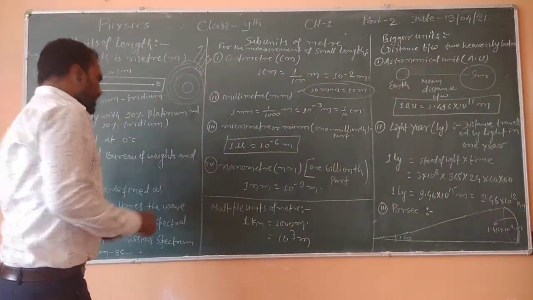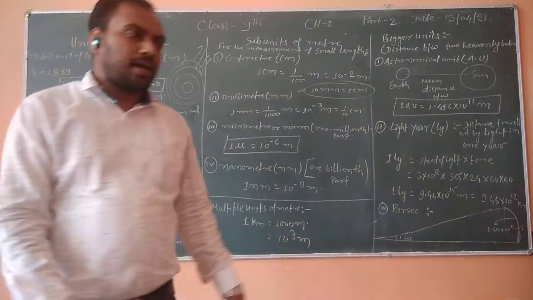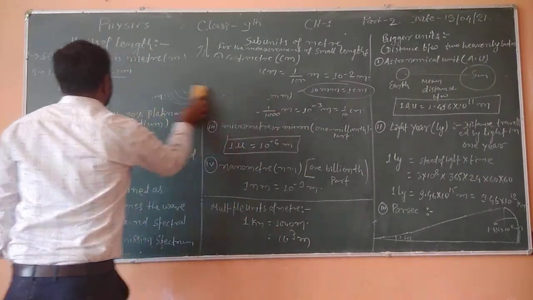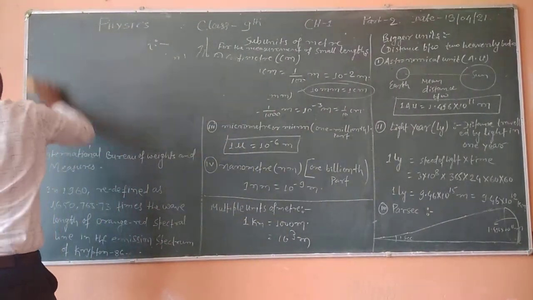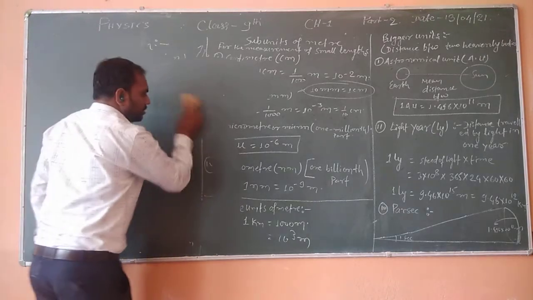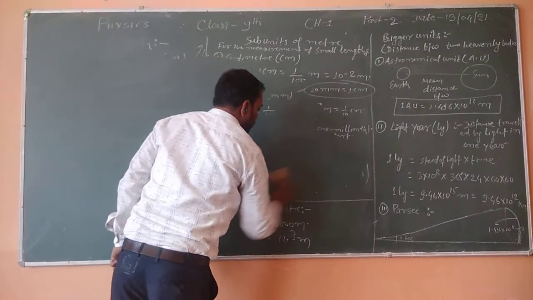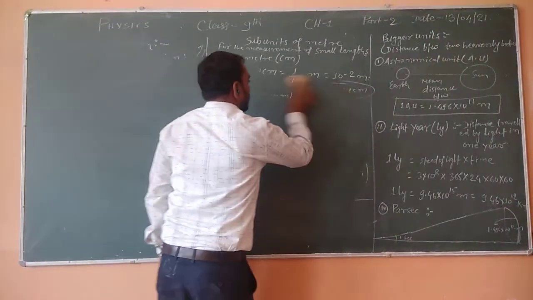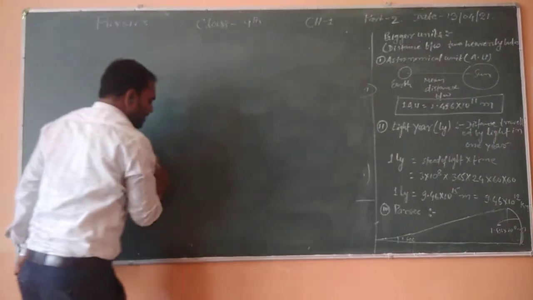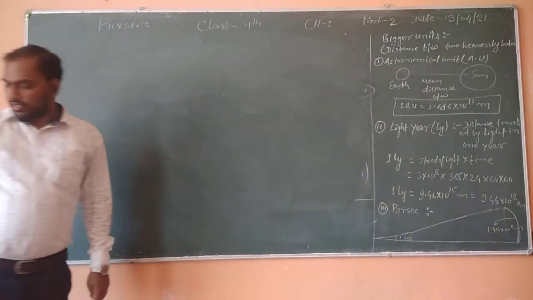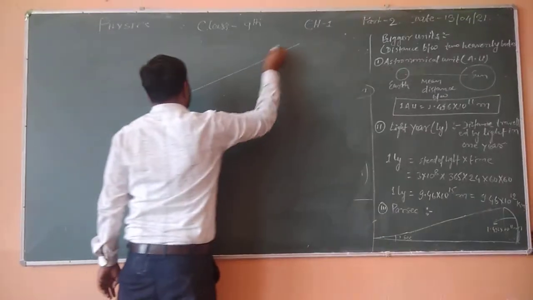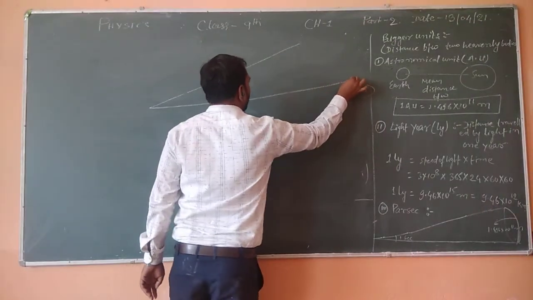What is a parsec? Basically, come to the point, I am explaining it to you. Yes, it is too tough. Parsec is basically the arc length between 2 points such that the semi-major axis makes an angle of 1 second.